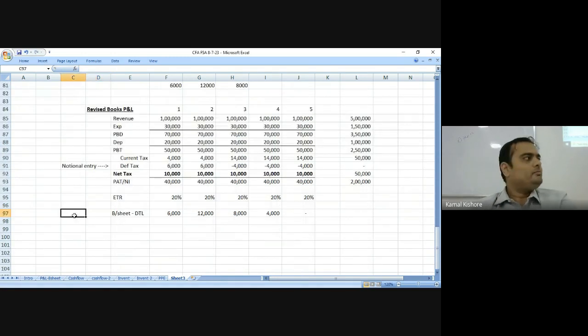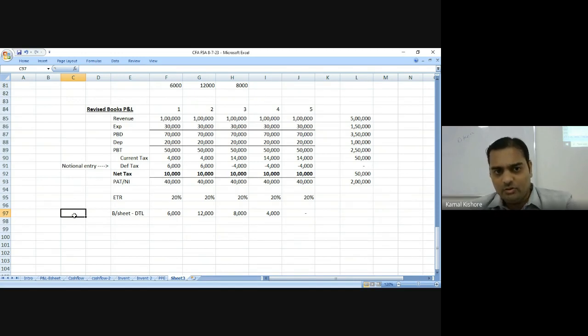Revised books, revised P&L. This is the net income that is reflecting true and fair view.